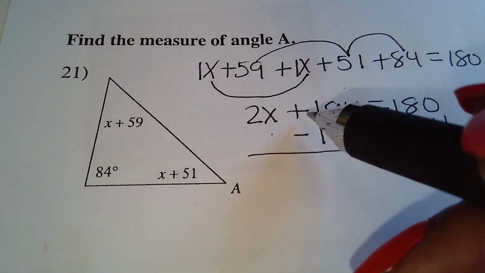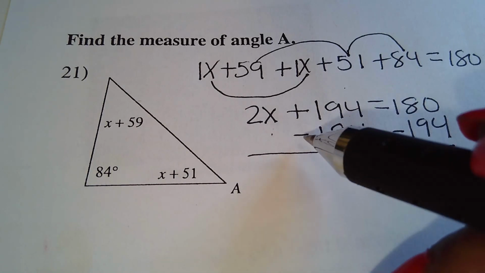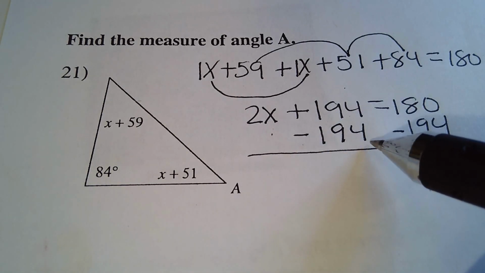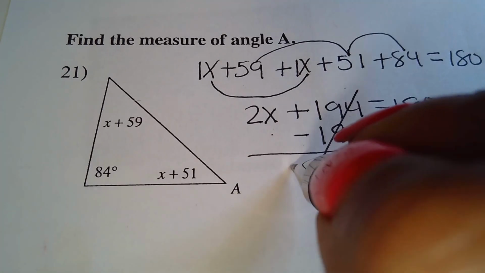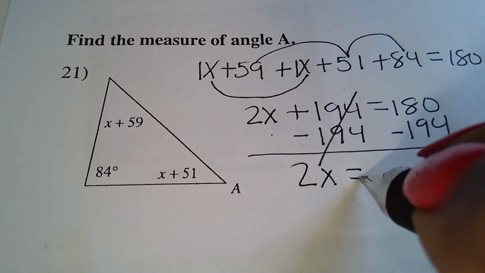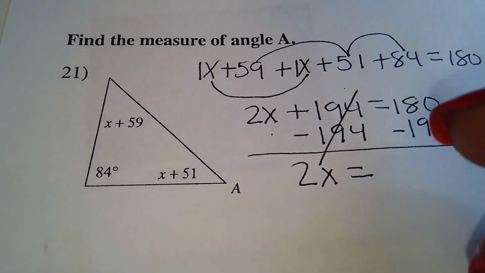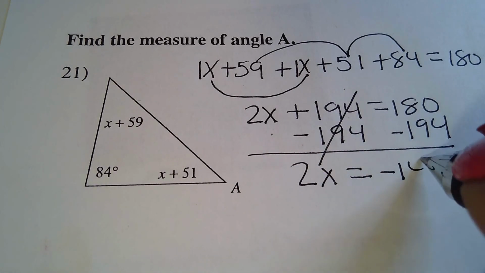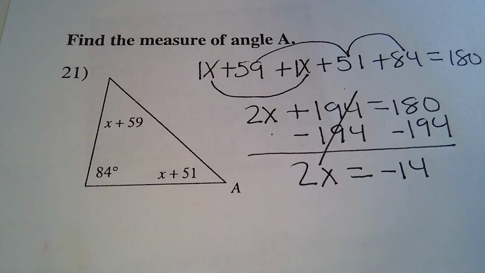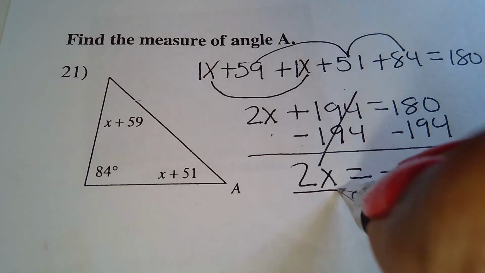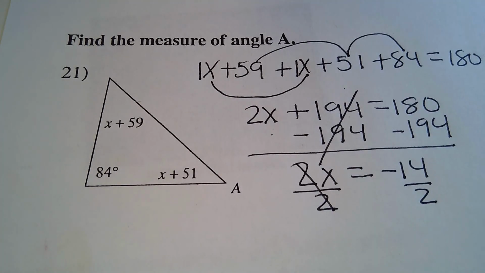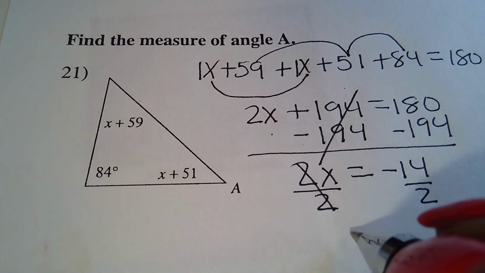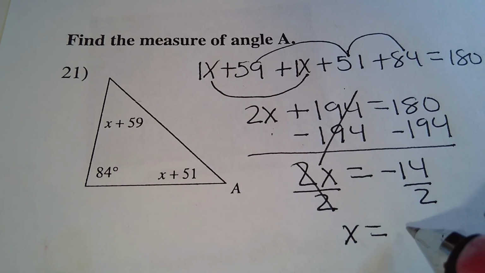We have to do the inverse of plus 194, which is why I did minus 194. So that cancels. I'm going to bring down my 2x, and that will equal negative 14. My last step is to divide both sides by 2, which gives me x equal to negative 7.